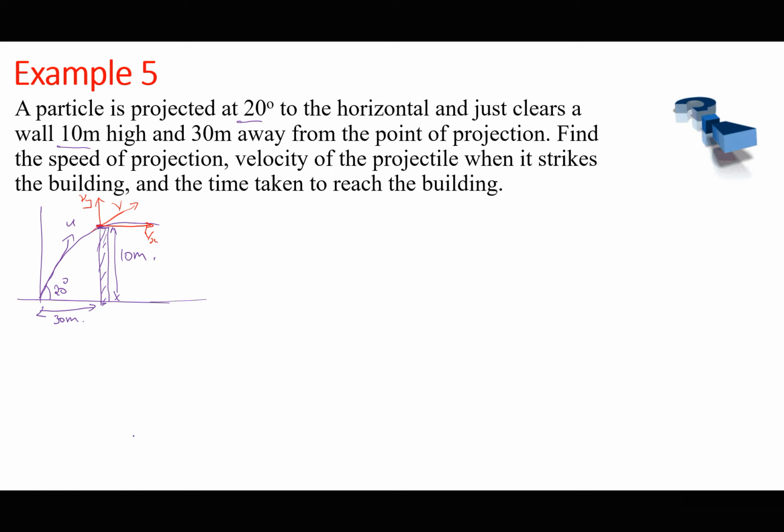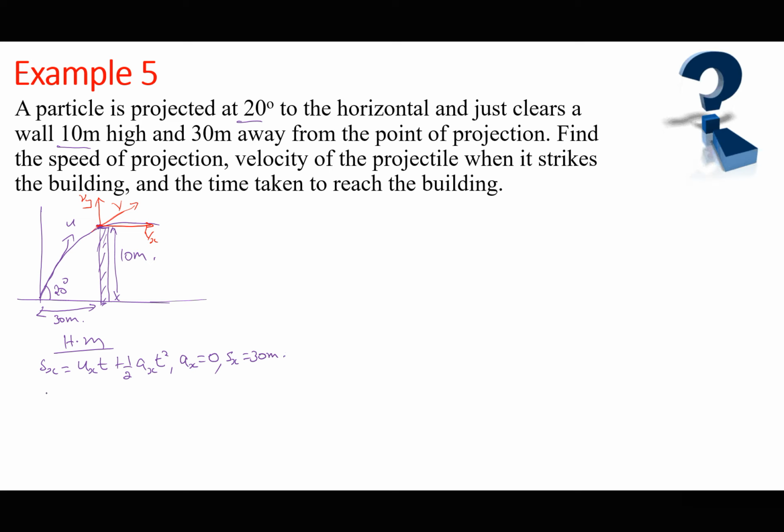For the initial velocity, we are going to consider horizontal motion. So using S in the horizontal equals the initial velocity in the horizontal times t plus a half times acceleration in the horizontal times t squared. Remember, the acceleration in the horizontal is equal to 0. S in the horizontal is equal to 30 meters.